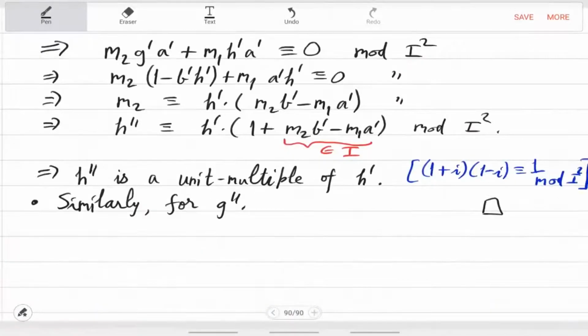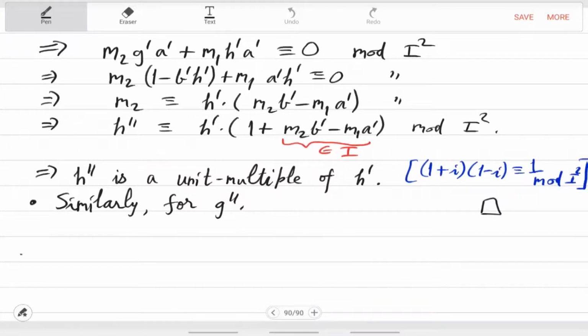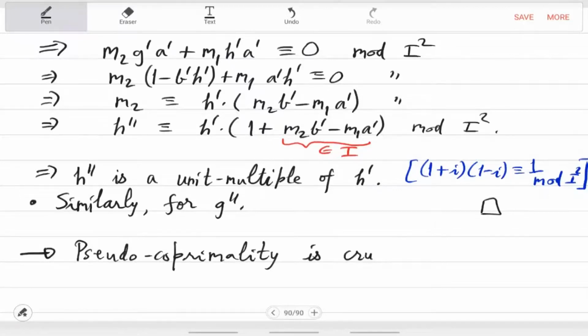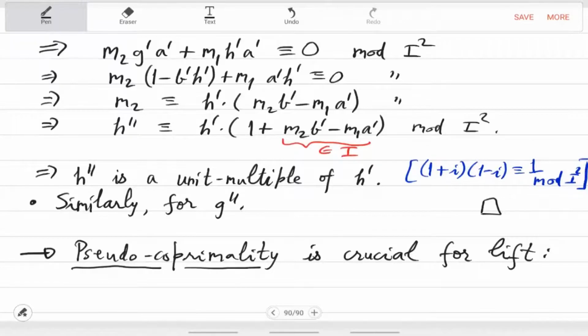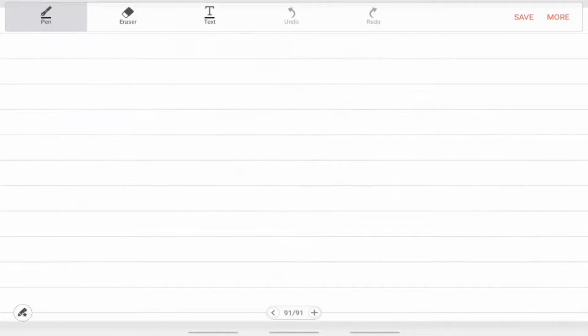So actually that condition is required, otherwise the lift may not exist. It is crucial for the lift. Let's see that.